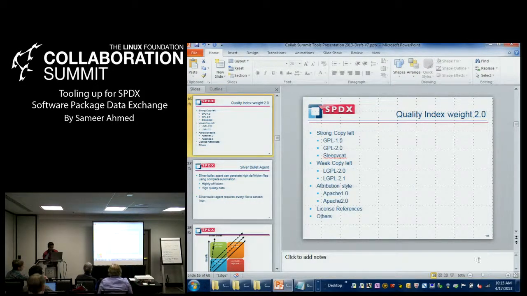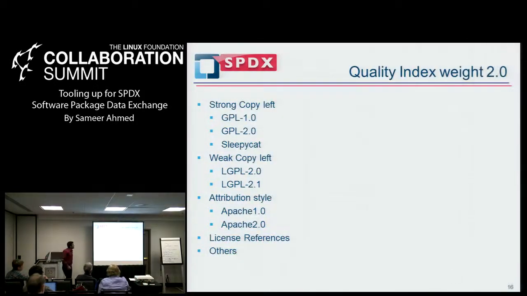What really happens is we divide all the licenses into 5 buckets: strong copyleft, weak copyleft, attribution style, license references, and others. We already know the strengths, as I explained, of what pathology is good at. For example, let's say there's GPL 2.0, which the tool pathology says exists in BusyBox 200 times. Our human analysis says this is wrong, and it comes up with 300 or 350.